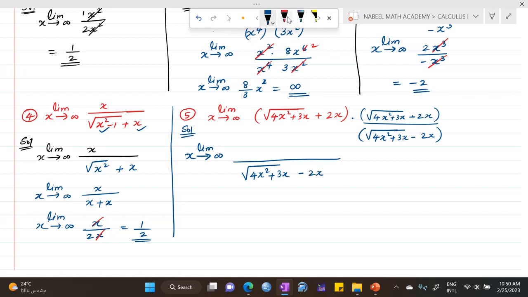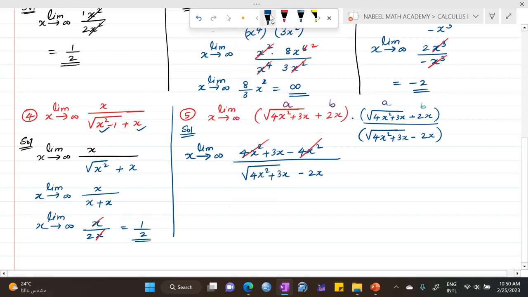And in the numerator, this is a and this is b and this is a minus b. So the rule is a square, the root will be cancelled. 4x square plus 3x minus 4x square, which is also 4x square. Now then it get cancelled.